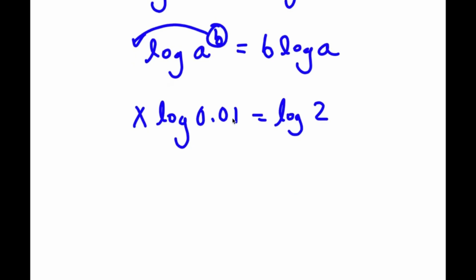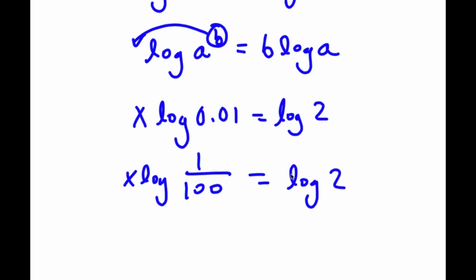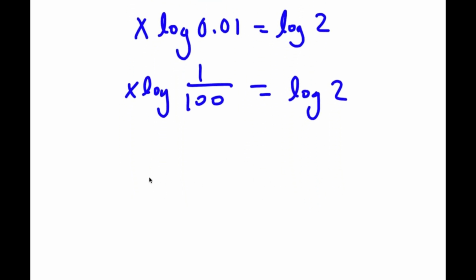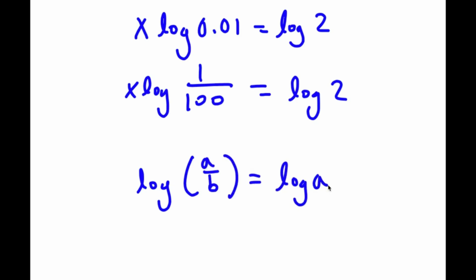Now 0.01 is the same thing as 1 over 100. So now I have x times log of 1 over 100 is equal to log 2. Now if I have something in the form log a over b, this is equal to log a minus log b. So in this case, I have log of 1 over 100.